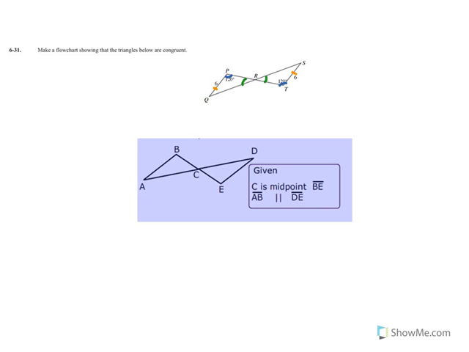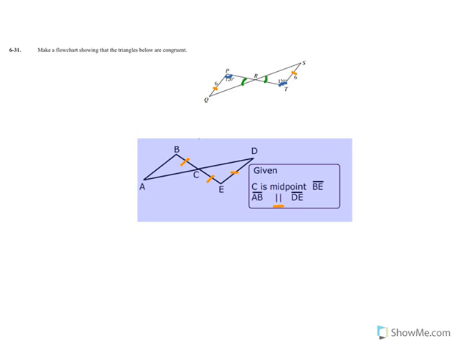Okay, so this problem 31, you're going to have to try it on your own, but we're going to do this one together first, which is actually harder than problem 31. So it says, given that C is the midpoint of BE, that means that these two are equal because that's the midpoint. That means that's the middle of that line. And that AB is parallel, that's what this little thing means, to DE.